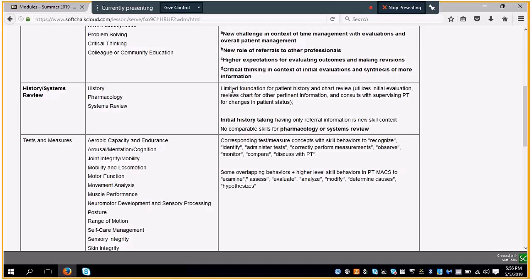So you have coursework specific to pharmacology, and specific to imaging, and some other courses that will apply here as well. But what we're going to focus on in this course for the history and for the systems review is foundations and processes for really how to continue to develop those skills across the entire curriculum in this program.